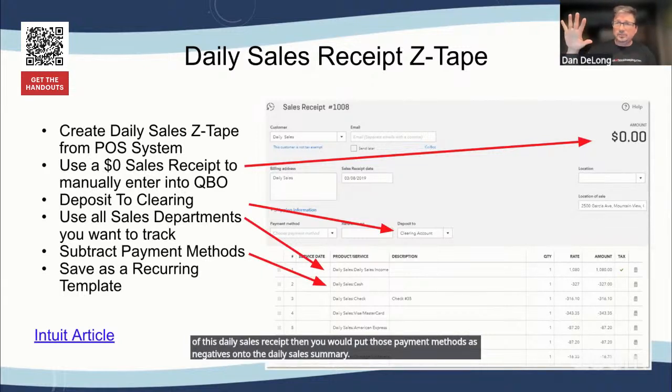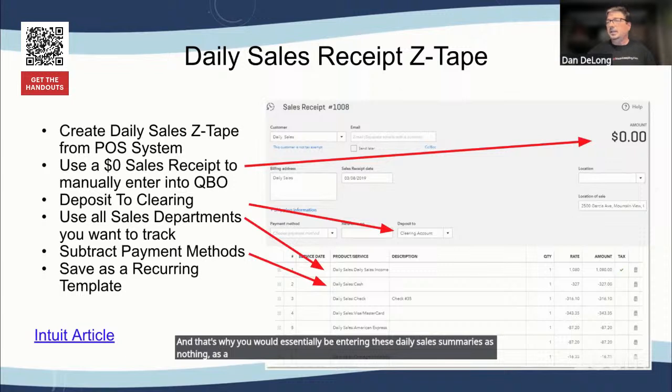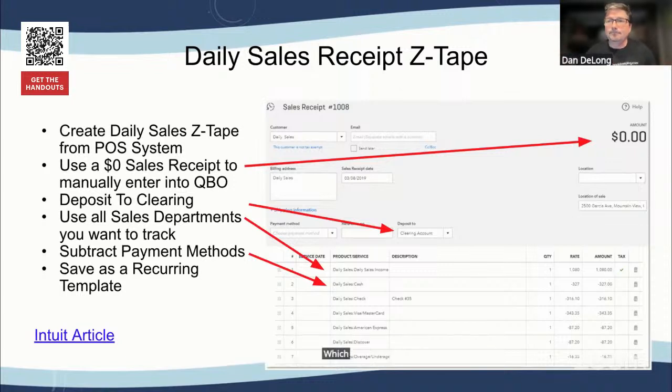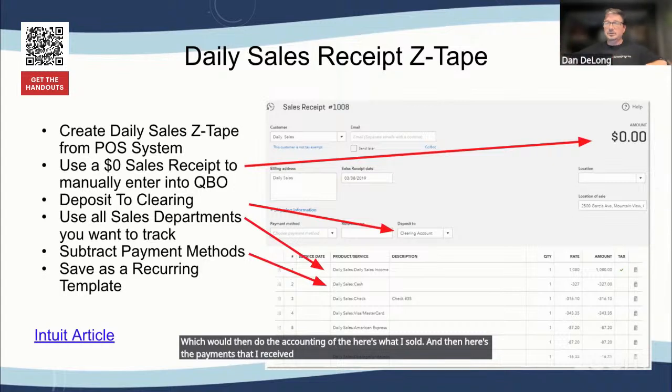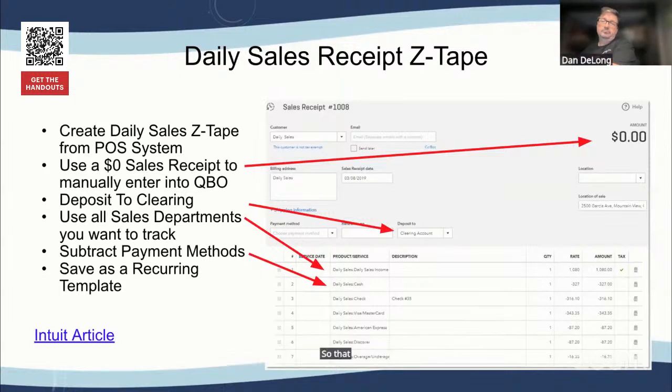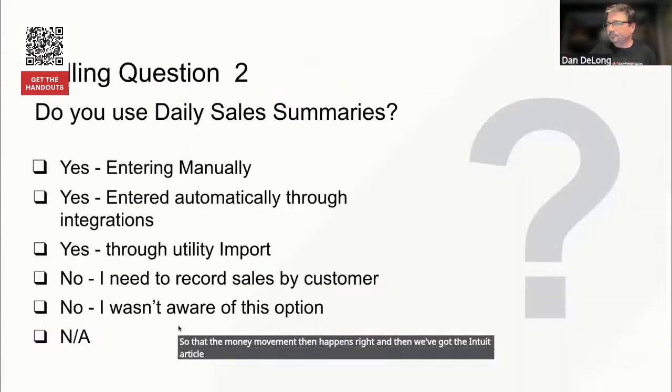That's why you would essentially be entering these daily sales summaries as a $0 sales receipt, which would do the accounting of here's what I sold, and here's the payments that I received. And those payments are then going to go to undeposited funds or wherever you need them to be deposited, so that the money movement happens, right? And then we've got the Intuit article linking here.